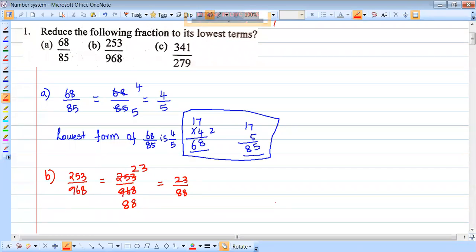Somebody sent the answer. Third question answer is 7 by 11 by 9. Let's see whether that answer is right or wrong.